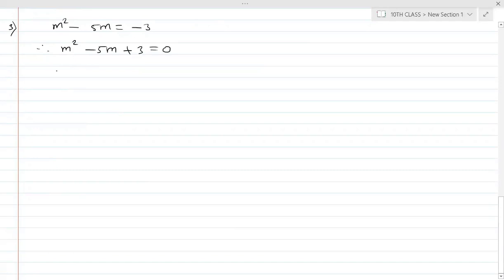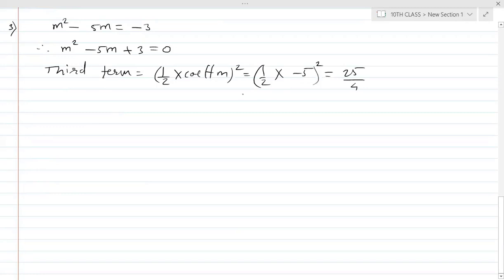Now we are going to find the third term. The formula for third term is half of coefficient of m whole square. It becomes half of coefficient of m, which is minus 5, whole square. It becomes 25 by 4.